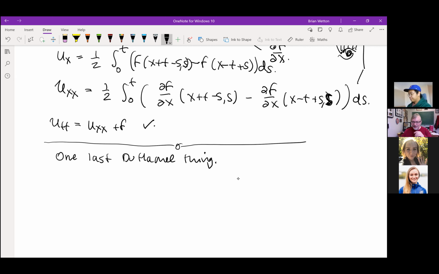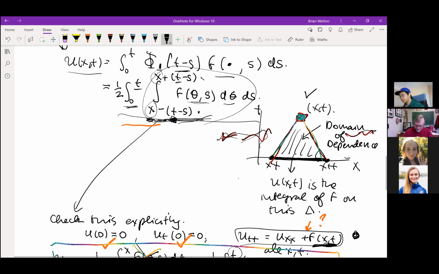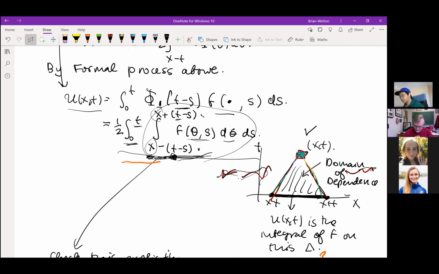Oh, there's a question, which is, I'm having a bit of trouble seeing the difference between DuHamel's principle and a Green's function. Is there a nice way of saying how they are different? This is a Green's function for the solution to the forced wave equation.